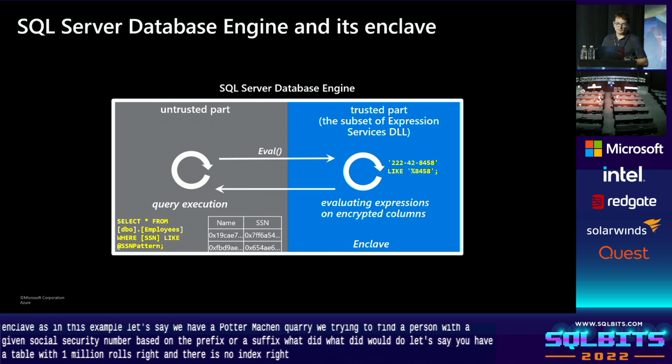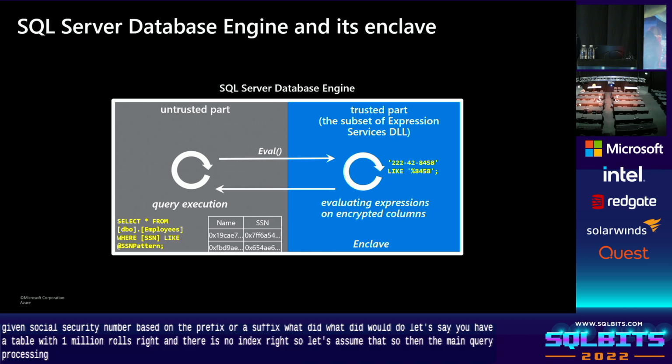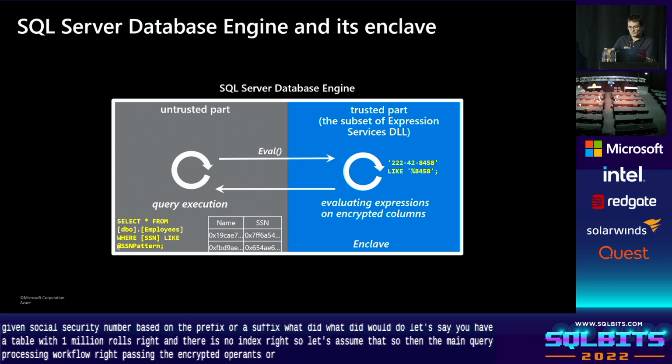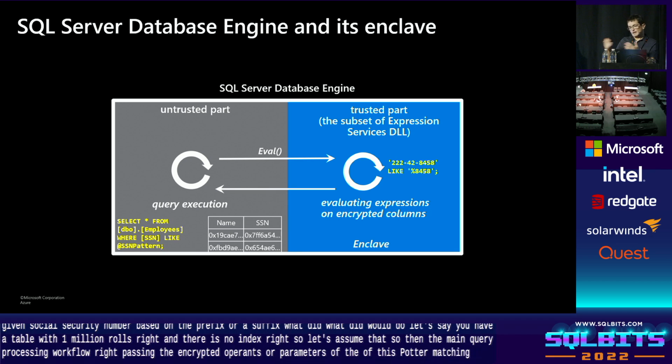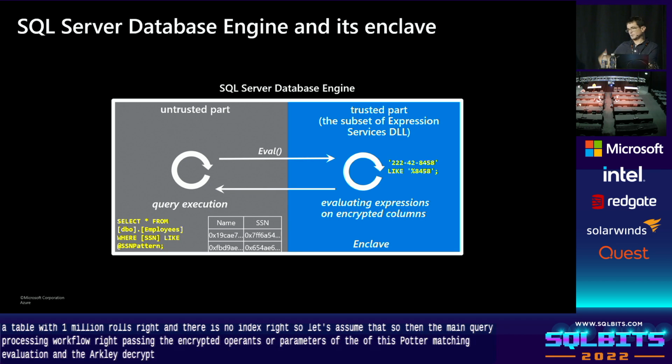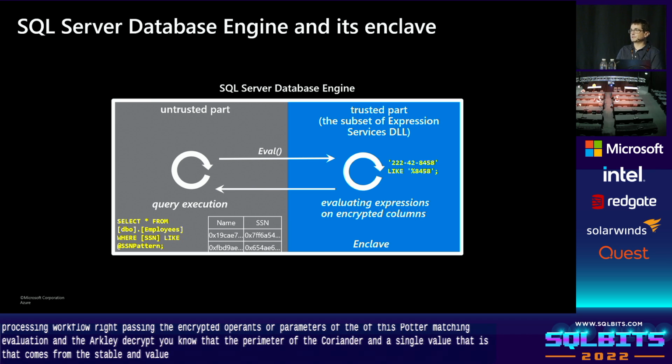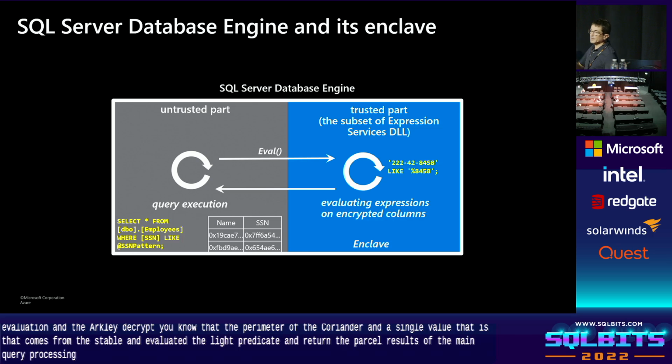Then the main query processing workflow on the left-hand side would trigger 1 million calls to the enclave, passing the encrypted operands or parameters of this pattern matching evaluation. The enclave would decrypt the parameter of the query and a single value that comes from this table, evaluate the LIKE predicate, and return the partial results to the main query processing loop running in the untrusted part, right? So that's how it works.